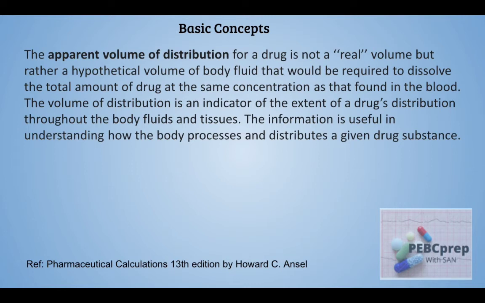Then we have the apparent volume of distribution. Why is it called apparent? Because it is not real, it's hypothetical. Means we estimate it on our own. The apparent volume of distribution for a drug is not a real volume but rather a hypothetical volume of the drug fluid that would be required to dissolve the total amount of drug at the same concentration as that found in the blood.